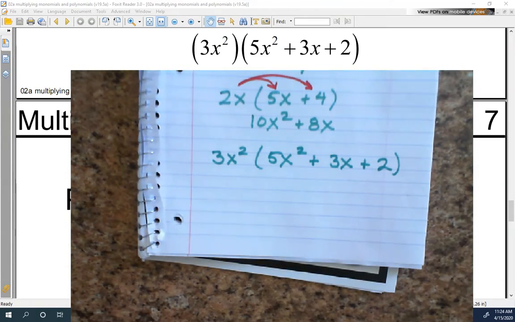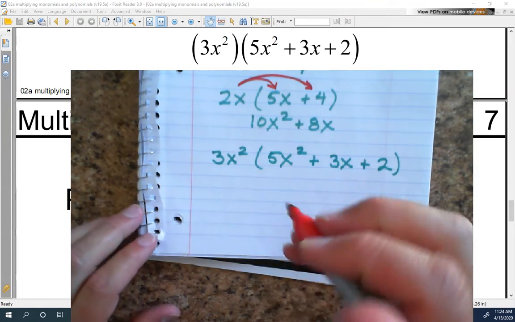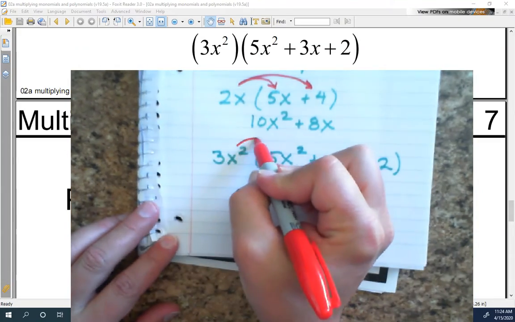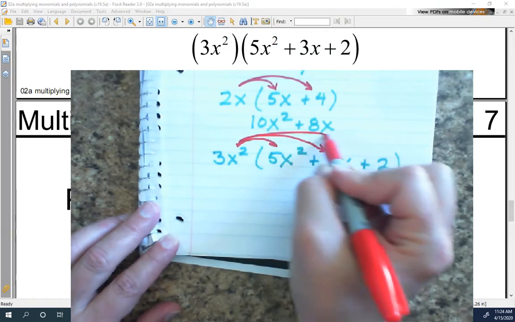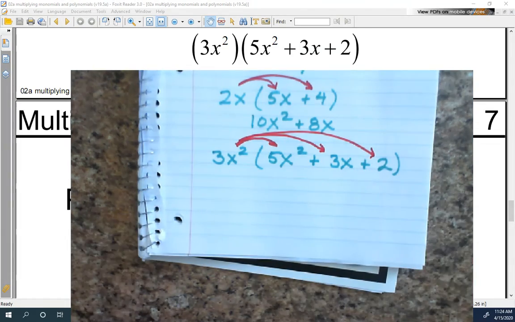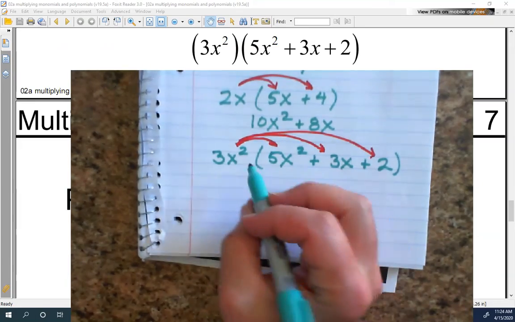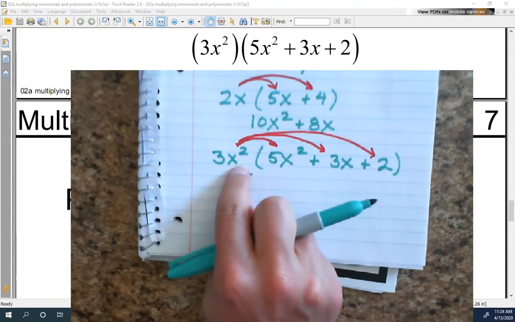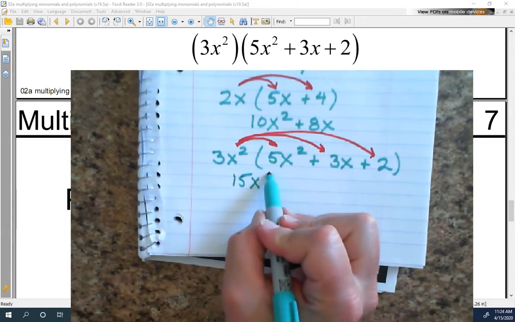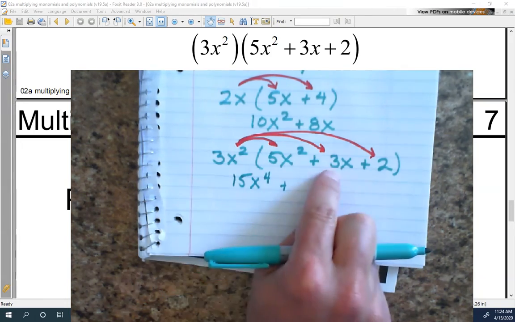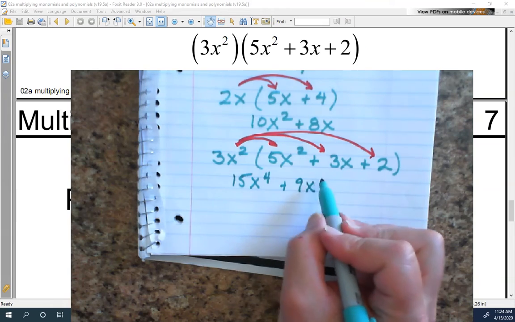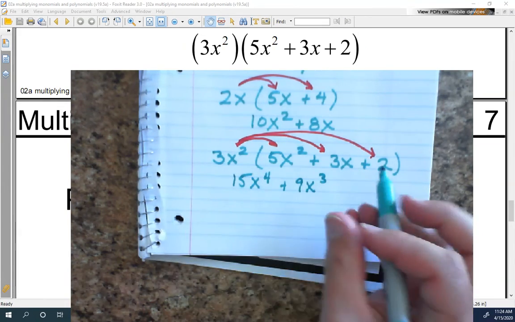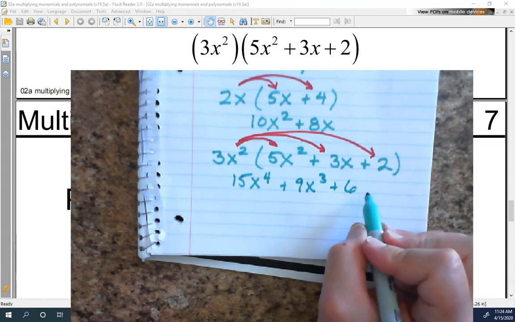So we're going to do some distribution here. And that's going to give me 3 times 5, which is 15. X squared times x squared, x to the 4th. 3 times 3 is 9. X squared times x is x to the 3rd. 2 times 3 is 6. X squared.